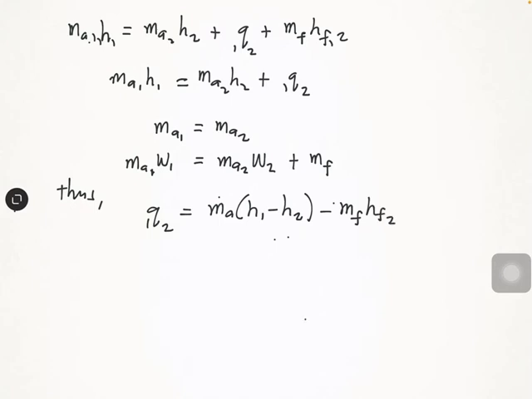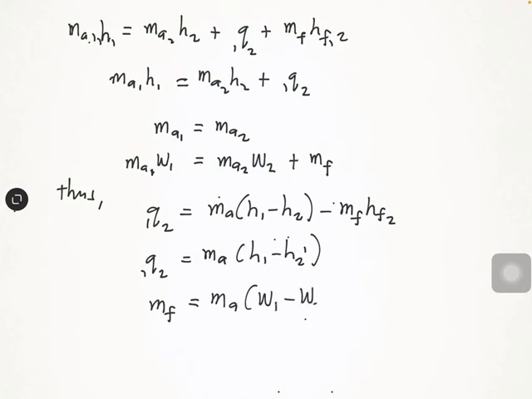So Q1 to 2, this is equal to MA times H1 minus H2 prime. Okay, so MF, you can write MF, this is MA times W1 minus W2.